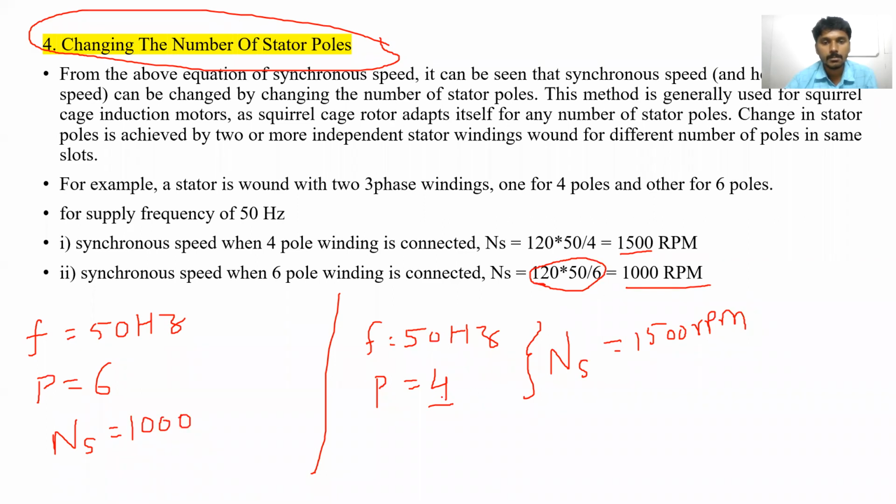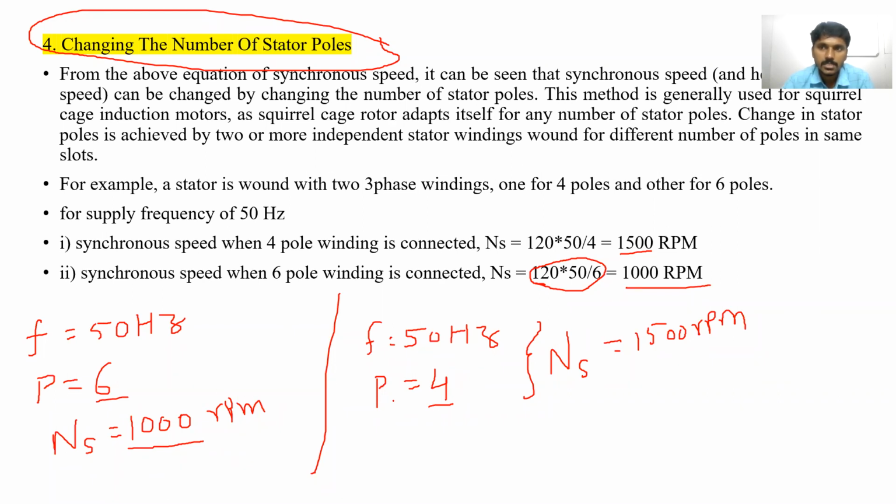So here if the number of poles is 4, we get 1500 rpm synchronous speed. If P is equal to 6, the number of poles is 6, so we get a synchronous speed of 1000 rpm. Clear? We are just changing the number of poles, not changing anything else. If the number of poles increases, the synchronous speed decreases.